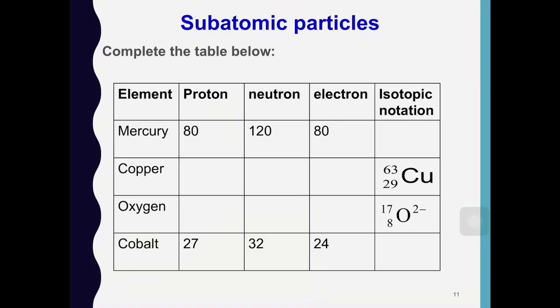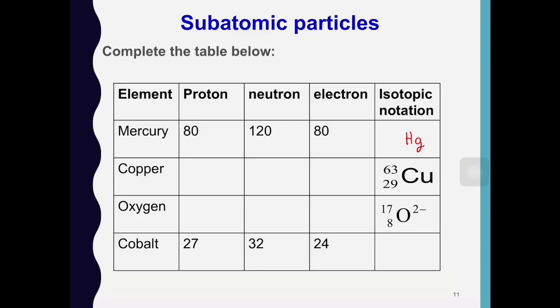Let's try this example together. We have 4 different elements. Let's look at the first one. For mercury, the proton number is 80. The number of neutron is 120 and the number of electron is 80. Let's write the isotopic notation. The symbol for mercury is Hg.